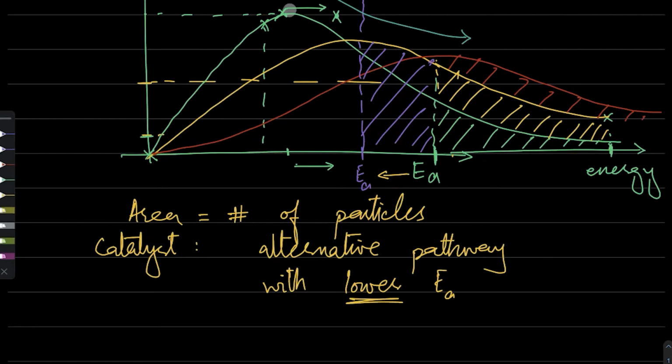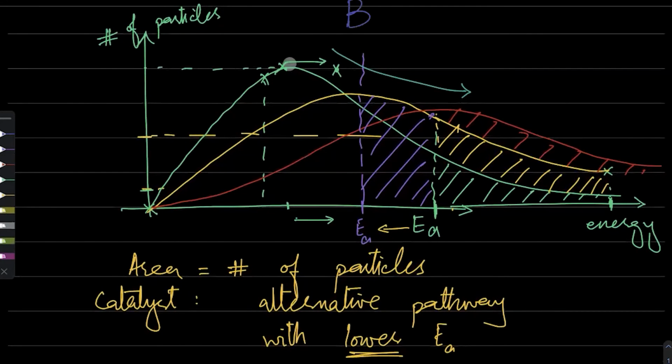But the area, the number of particles that you have, should be constant. Okay, and that is what this distribution is. This distribution is named after one of the greatest mathematicians of all time, I would say, Boltzmann, who was German, obviously, like all great mathematicians, most of them, I mean. Okay, so this Boltzmann distribution or Boltzmann curve tells us the distribution of energies in particles.